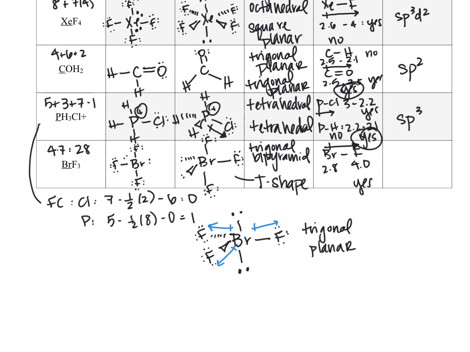It turns out that this is not polar. And it is not polar because all 3 of those pull in the same direction. If we look at our T-shaped, we see our axial are polar as well as our equatorial, but the top and bottom cancel each other out. So the T-shaped molecule is slightly polar.